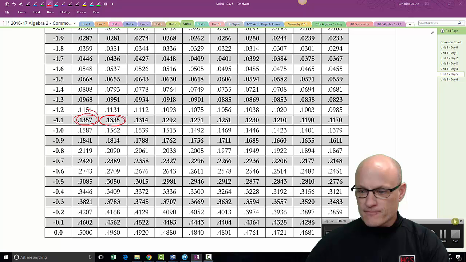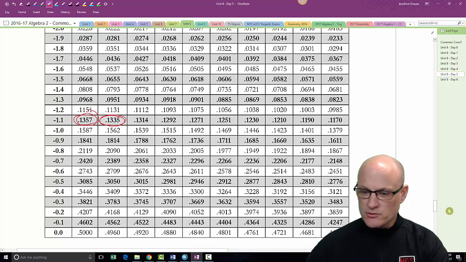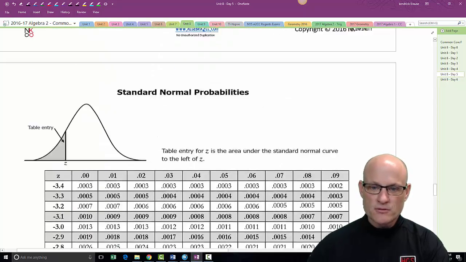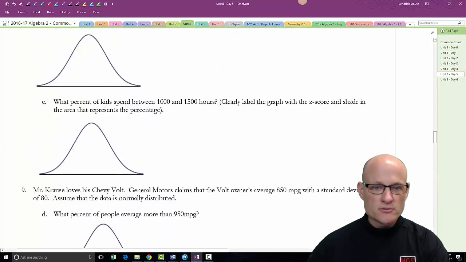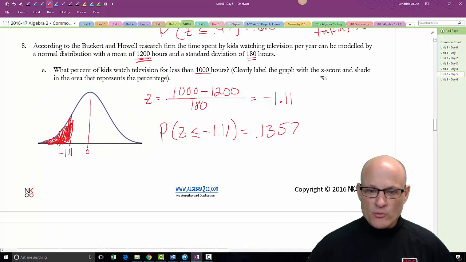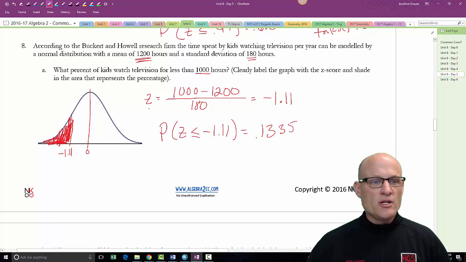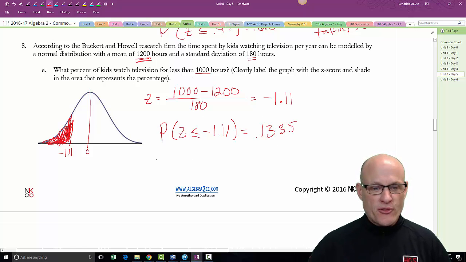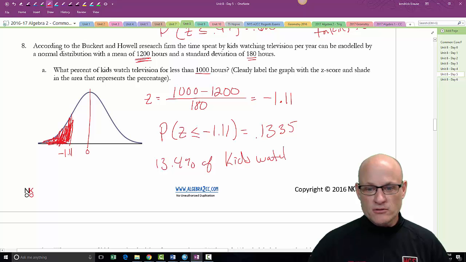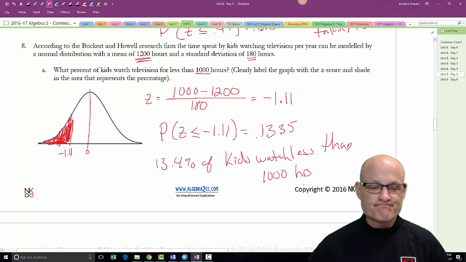Doggone it. Shoot. So 0.1335. So what percent of kids watch for less than 1,000 hours? 13.4% of kids watch less than 1,000 hours.